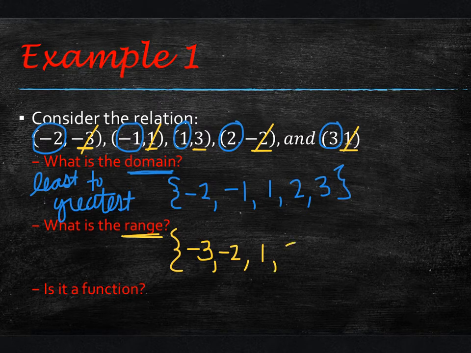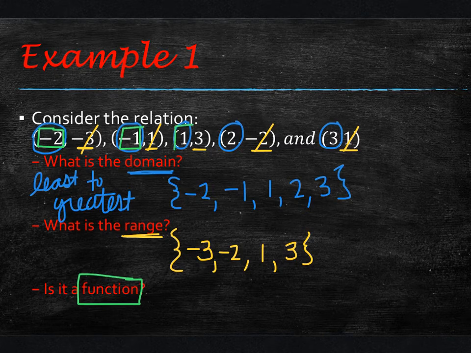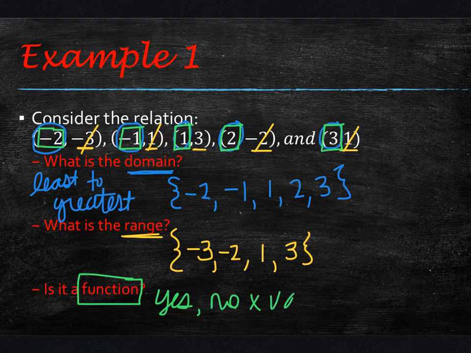And then our last value is 3. And then last but not least, is it a function? A function is when the x values do not repeat. If we're looking at just our x values, none of our x values repeat. In other words, they are all different x values, and so this one is a function because no x values repeat.